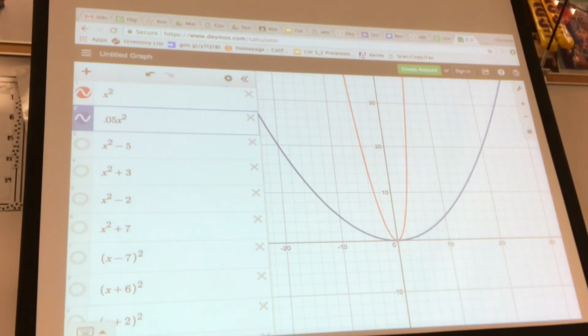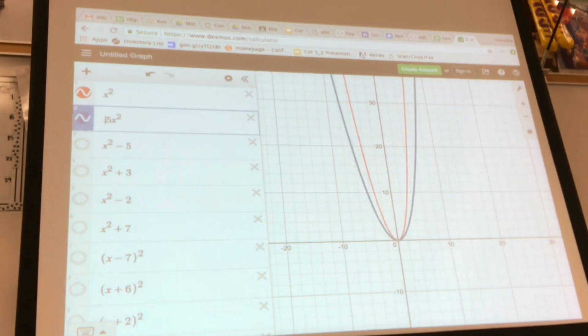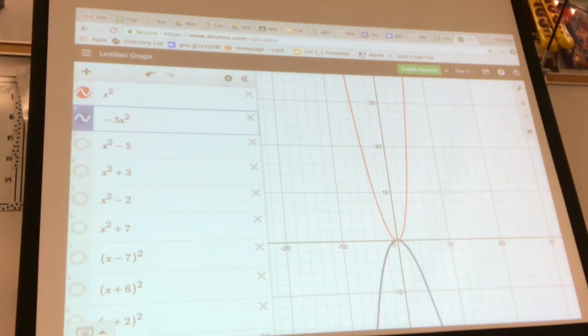I wonder what happens if you make A negative, though. What happens? So let's go over really quick. What happened when you made D negative? It just went down instead of up, right? What happened when you made C negative or opposite?